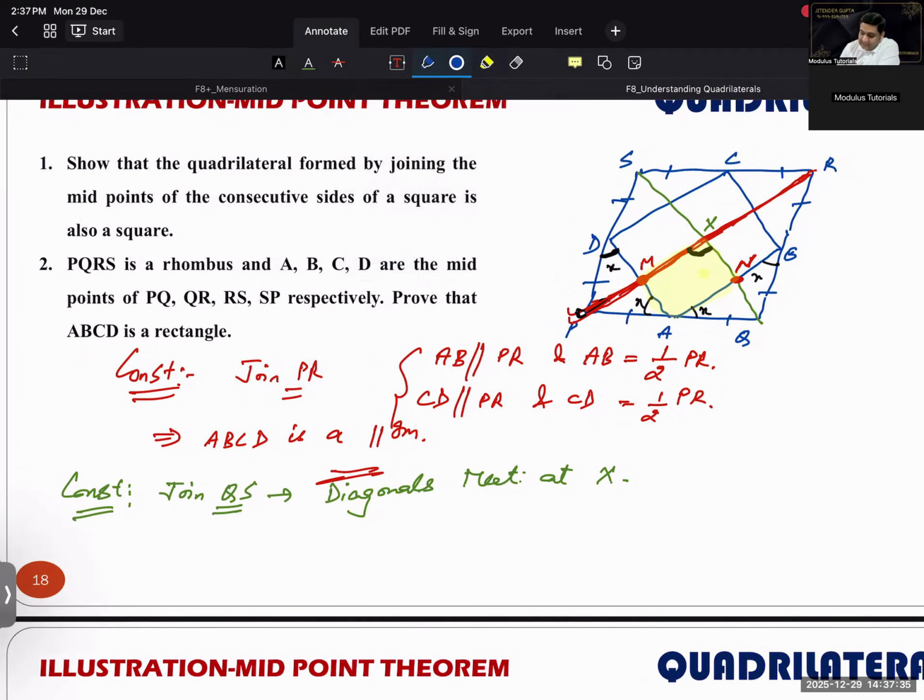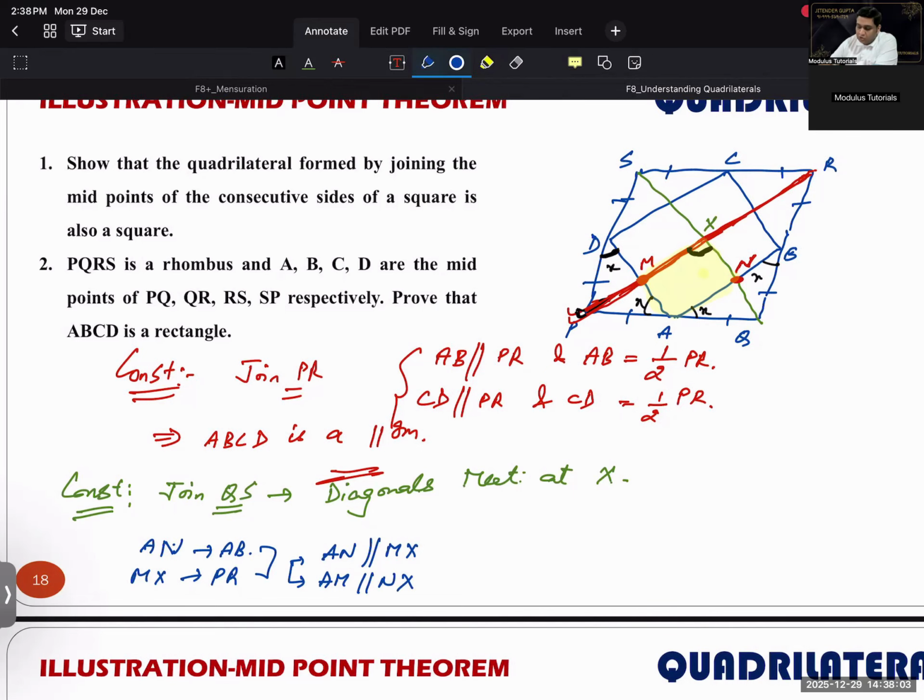If you notice, guys, AN is a part of AB, right? MX is a part of PR. So it is obvious that AN will be parallel to MX, right? And since ABCD is a parallelogram, in a very similar manner, AM will be parallel to NX, right?